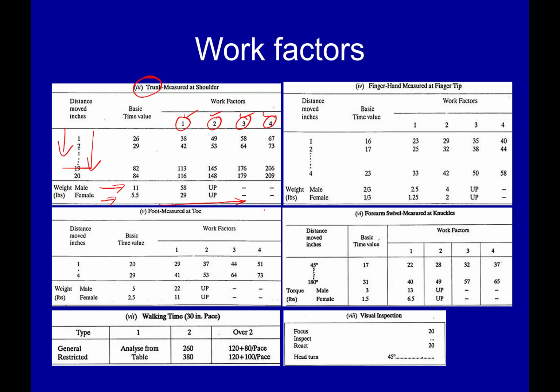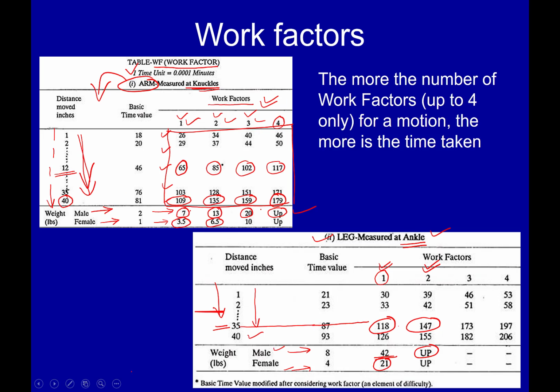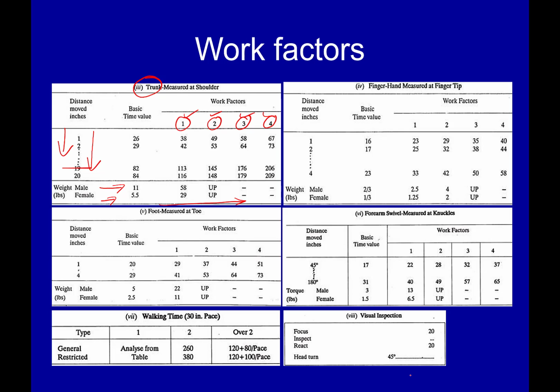Work factors are also added when we find that there are additional factors that will be affecting the time, like the degree of control which is needed in performing those activities, or the degree of difficulty involved.